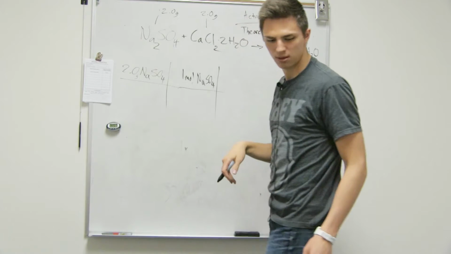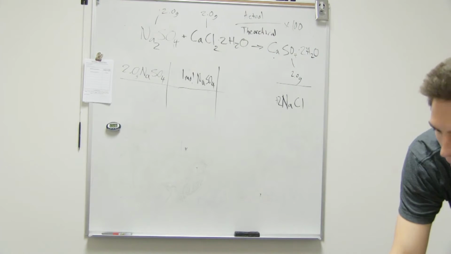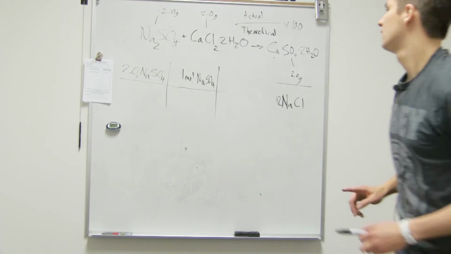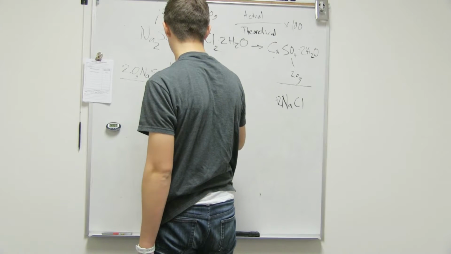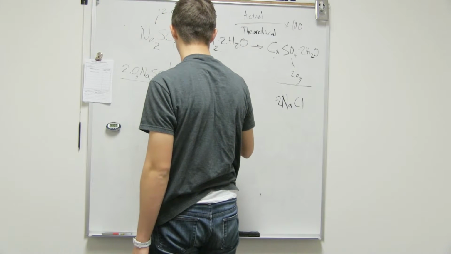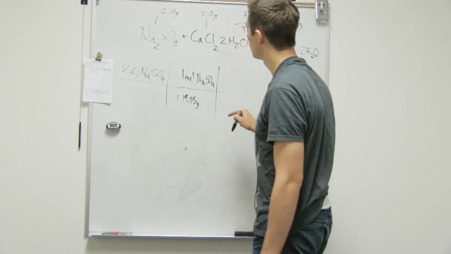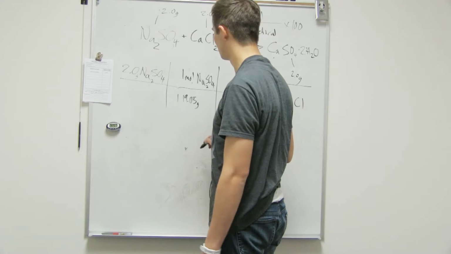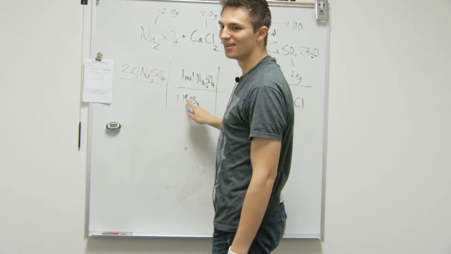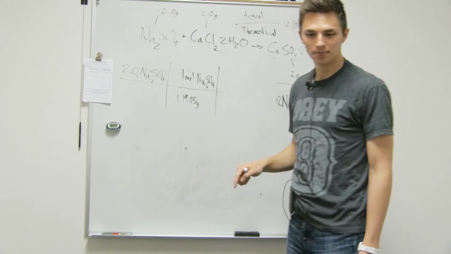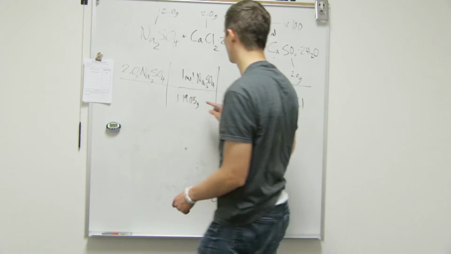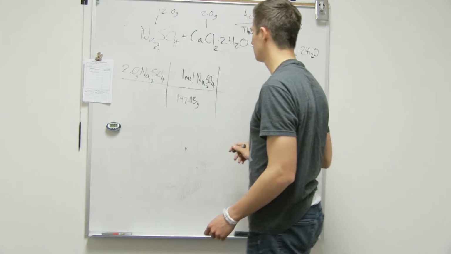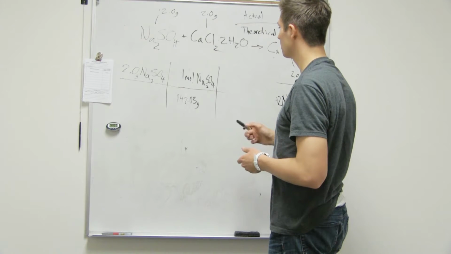So that would be 119.05. Oh, it's Na2SO4, sorry, I forgot to write the 2. So you have to add a little bit more. 142. Okay, great. So we got that.